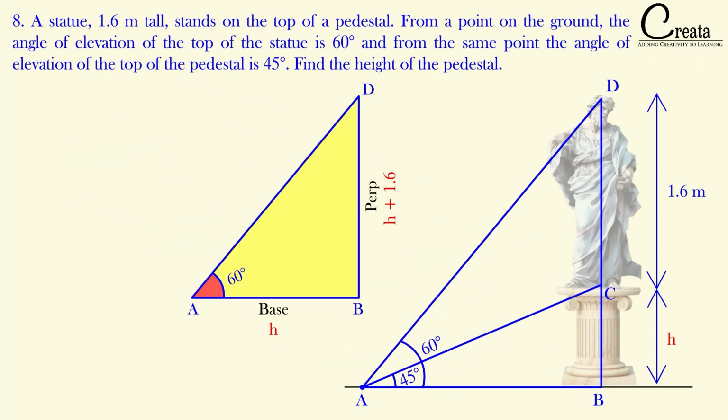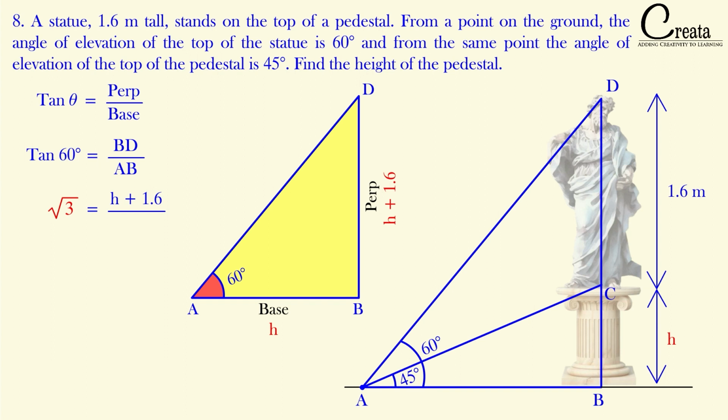Further, we will use this value of AB as h in the second triangle. So let's take triangle ABD. Here the perpendicular is h plus 1.6 and the base is AB. Here also we will apply tan theta, which is perpendicular upon base. So tan 60 degrees is BD upon AB. BD is h plus 1.6, and the value of tan 60 degrees is root 3.